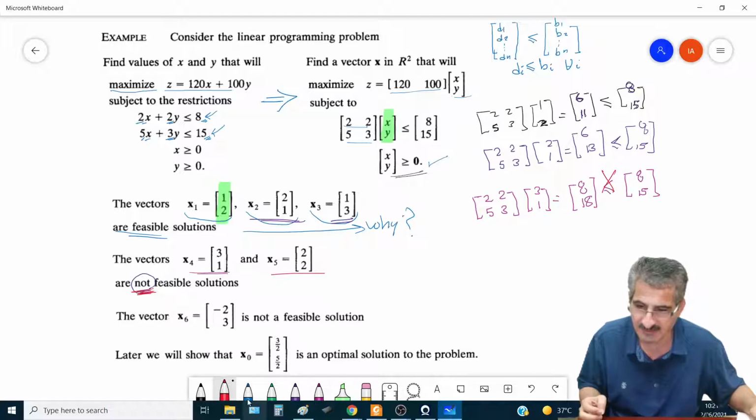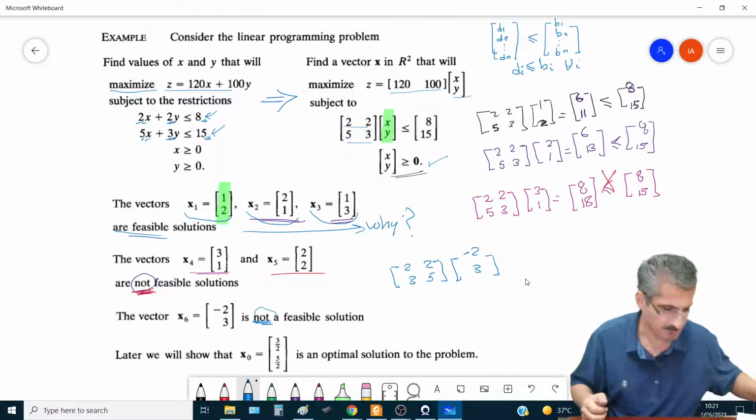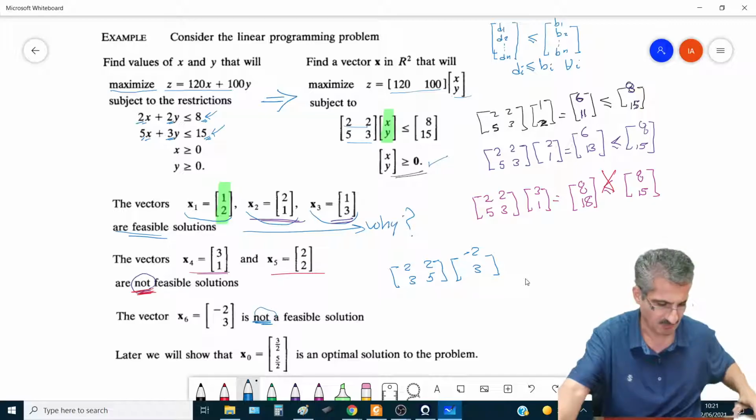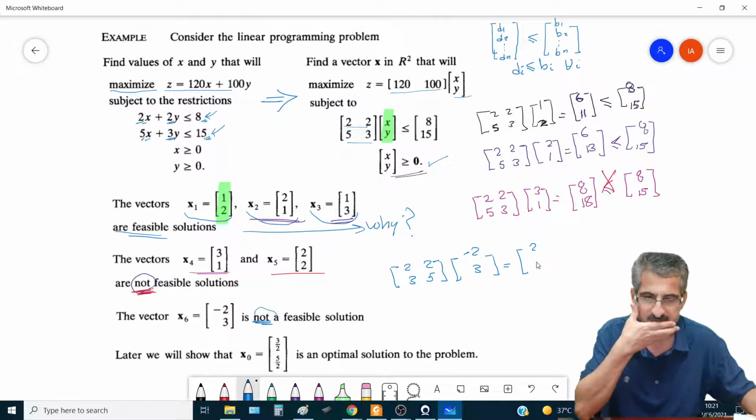What about x6? It says here it is not a feasible solution. But if we multiply the matrix with this vector, negative 2 and 3, what do we get? We get 2 and we get 9, right? Oh, this is less than the vector there.